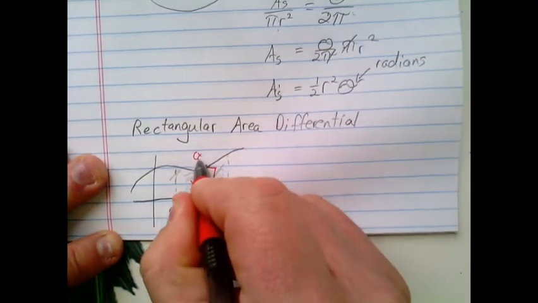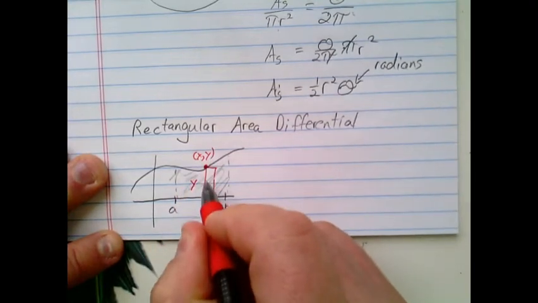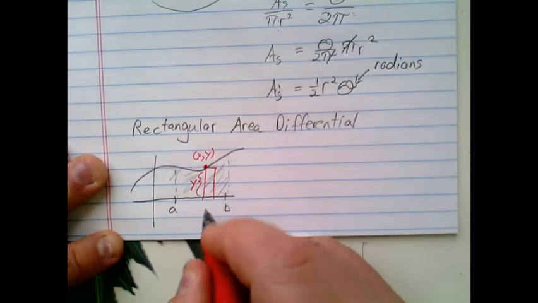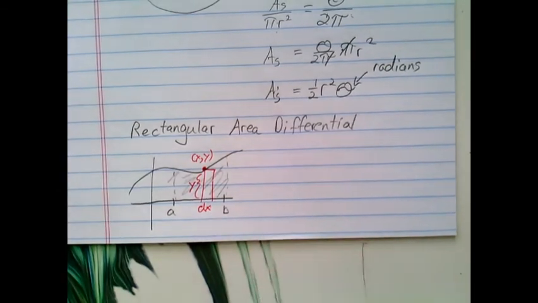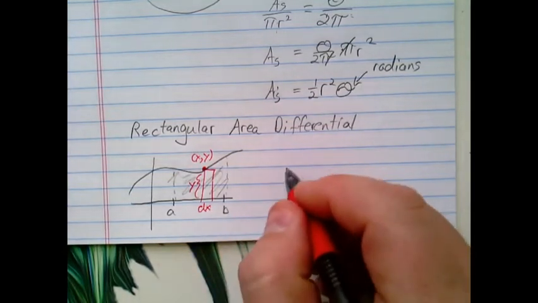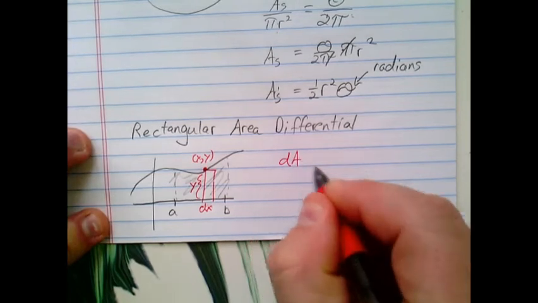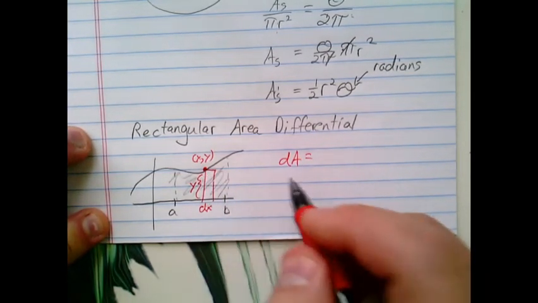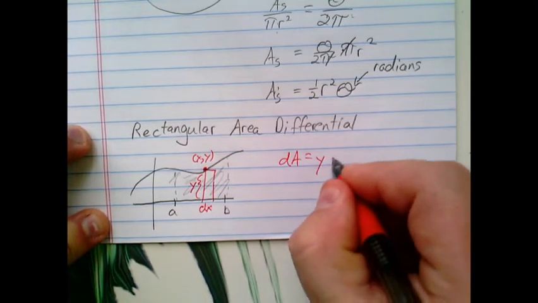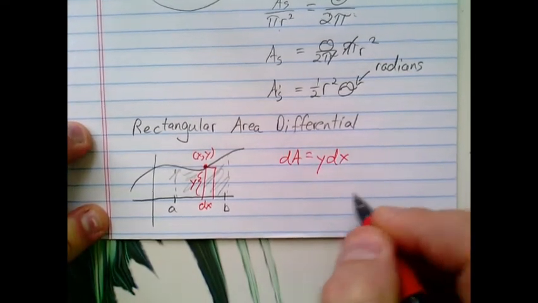If we think of this as the point x comma y, then the height is whatever y is, and the width is dx, a tiny little differential in horizontal distance. And therefore my area differential, which is really just the area of one of my rectangles, is y dx.